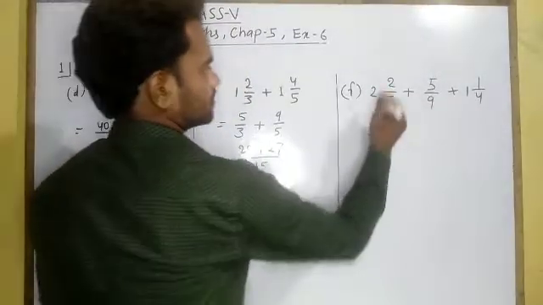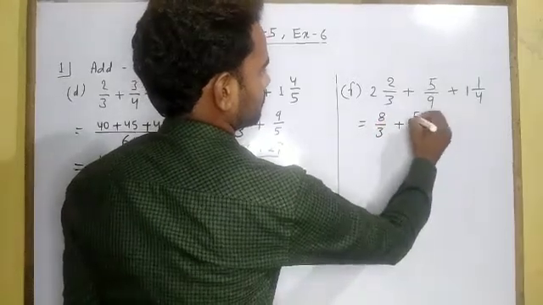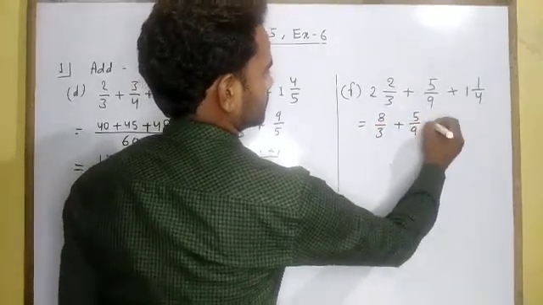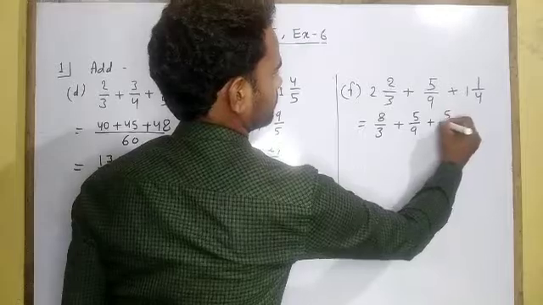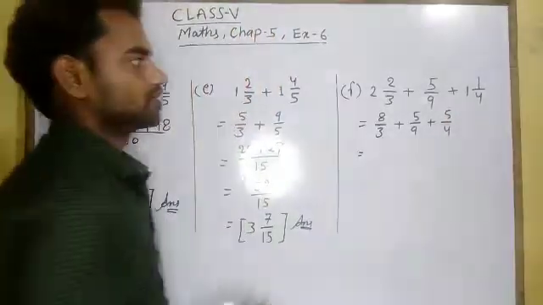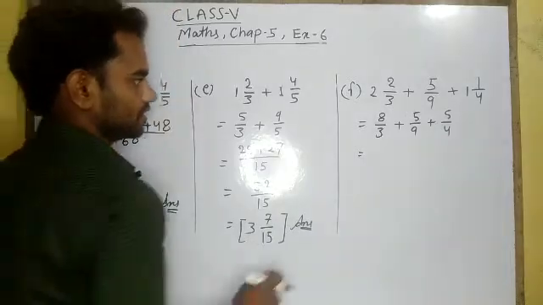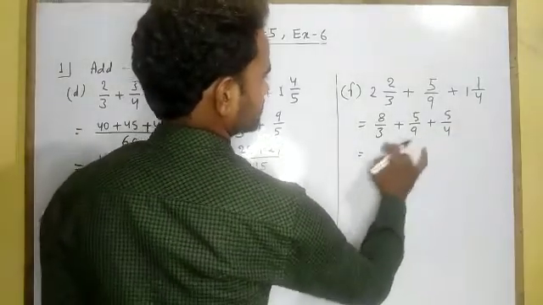Simply 3 twos are 6 and 2 is 8. 8 upon 3 plus 5 upon 9 plus 4 ones are 4 and 1, 5 upon 4. Now take the LCM of denominators 3, 9 and 4.